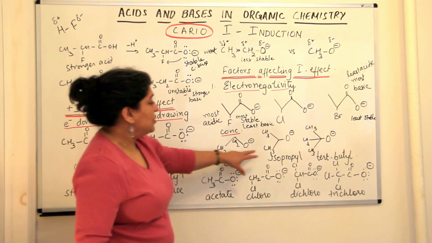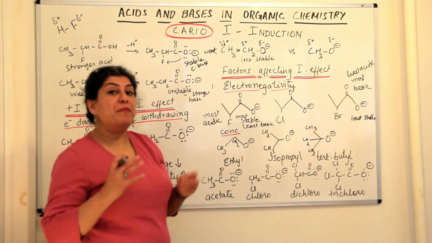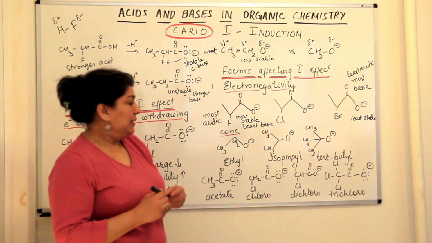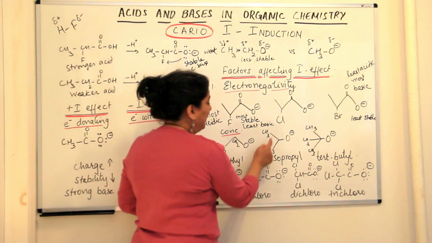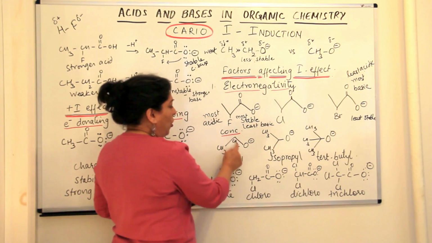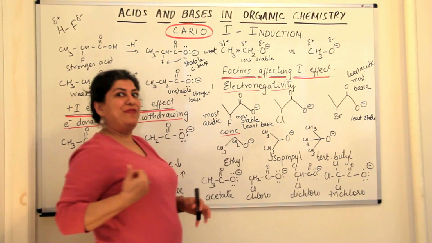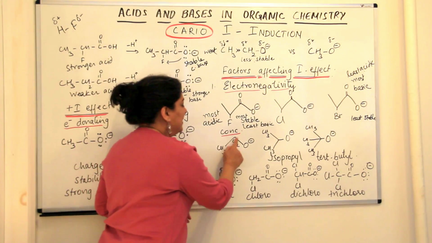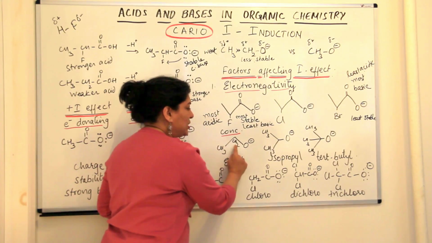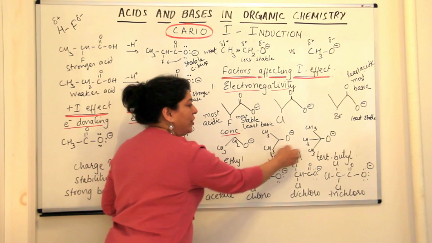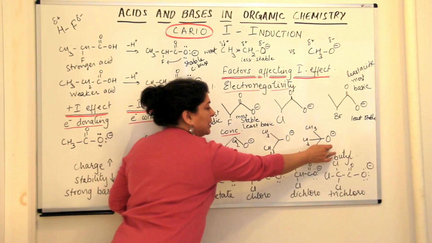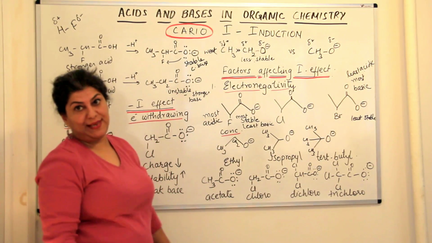Now, out of these, which one do you think would have the maximum plus I effect? The plus I effect of these two methyl groups which are right next to oxygen, or would the plus I effect be more if this methyl group is away from it? Obviously, this would have the least plus I effect. This would have more, and since there are 3 methyl groups, this would have the most plus I effect.